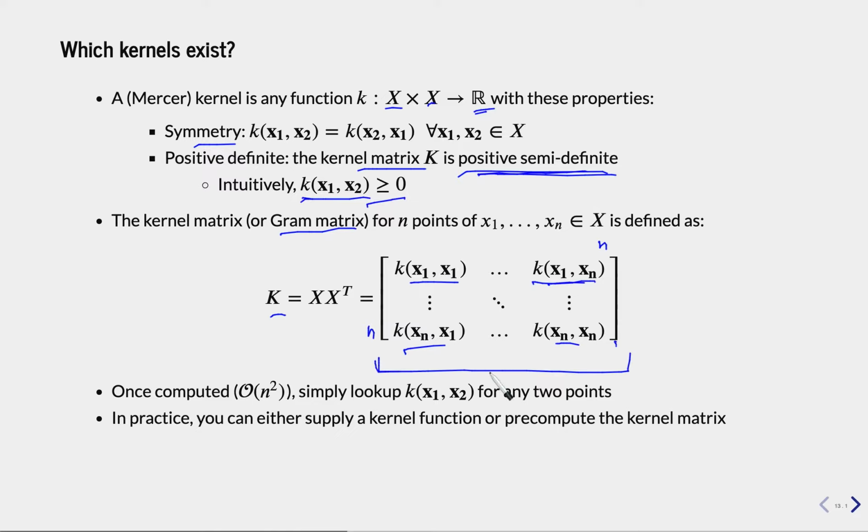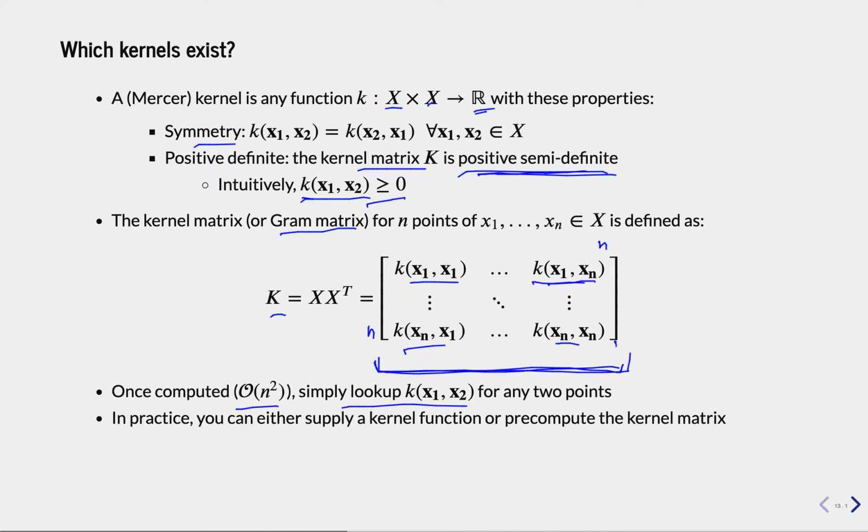If you can just construct a kernel matrix, then you can also use that to build a support vector machine. And we'll see some examples of that later. Now, building this matrix, which is n by n, has complexity n squared. That's a bit of work, but after that we can simply look up all the kernel values of any 2 points.